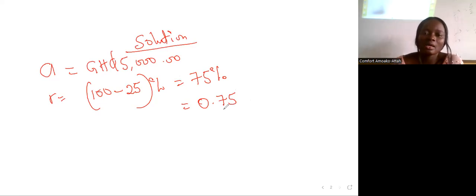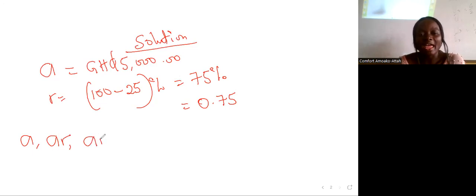Looking at this, now let's pick from the sequence that we looked at. We said A is the first term. The second term is AR. The third term is what? AR exponent 2. The fourth term is what? AR exponent 3. The fifth term is what? AR exponent 4.